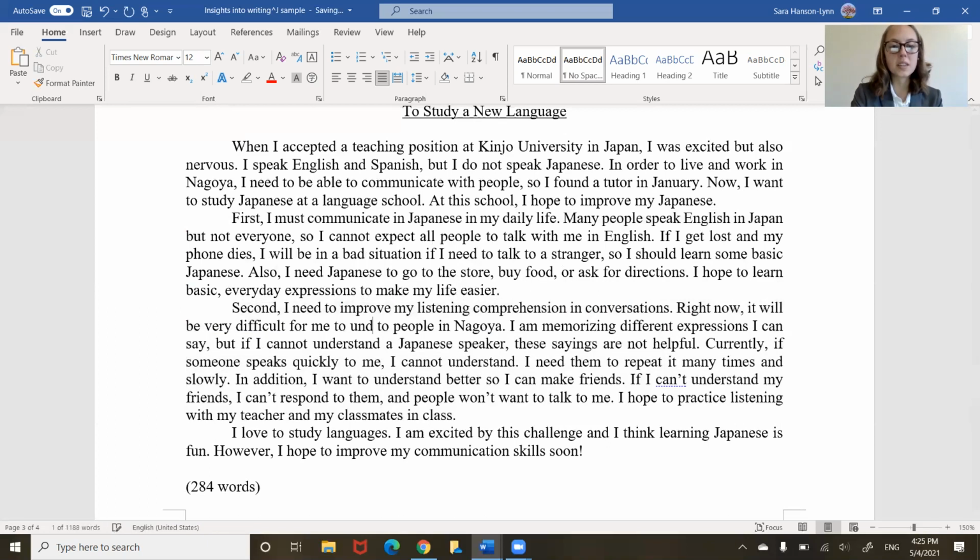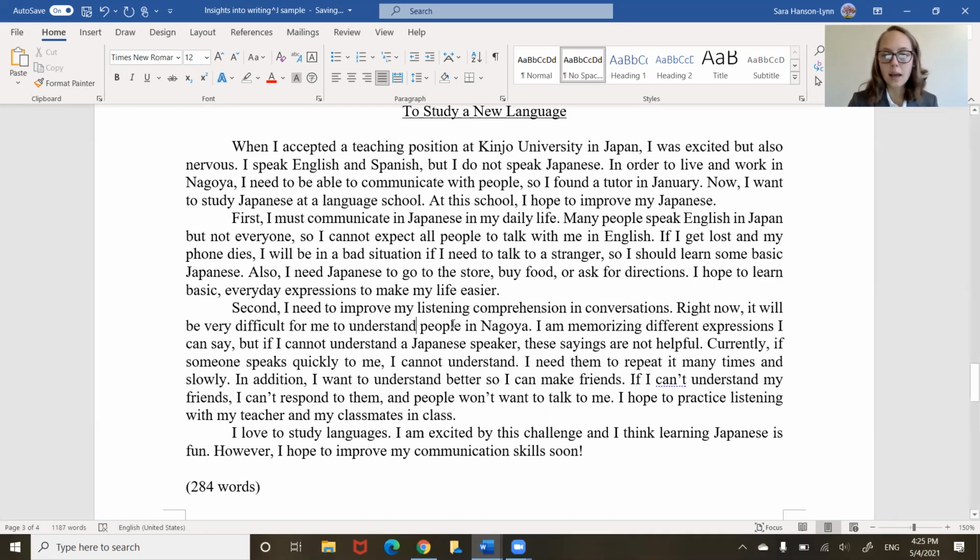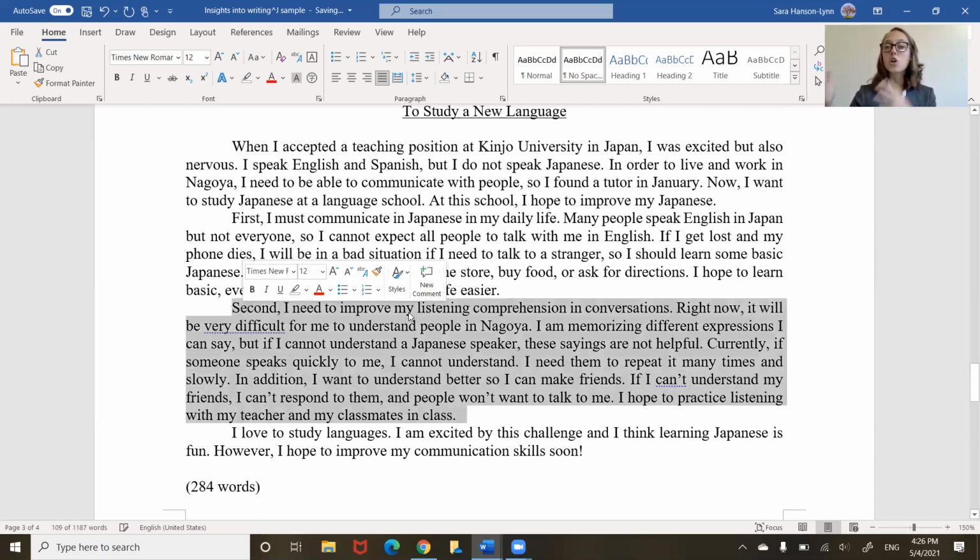It'll be very difficult for me to understand. This is about listening, right? I'm memorizing different expressions, but if I cannot understand, they're not helpful. That's listening. Currently, if someone speaks quickly, I cannot understand. I need them to repeat. Also, I want to be able to make friends. If I can't understand them, I can't respond to them. And I hope to practice listening. So now my paragraphs have unity.